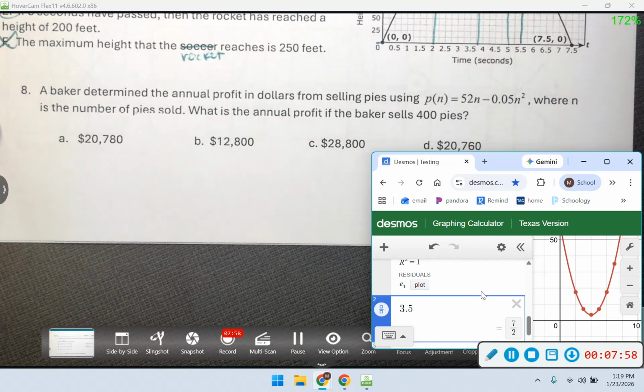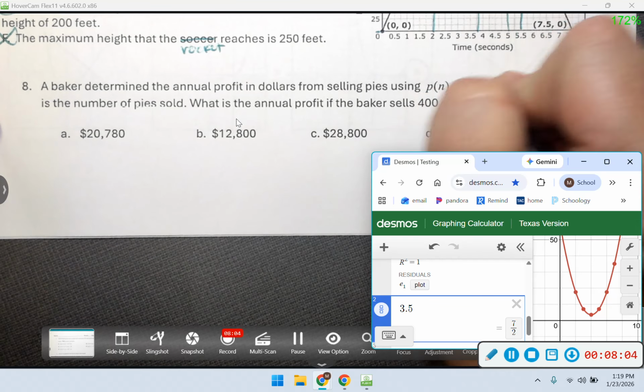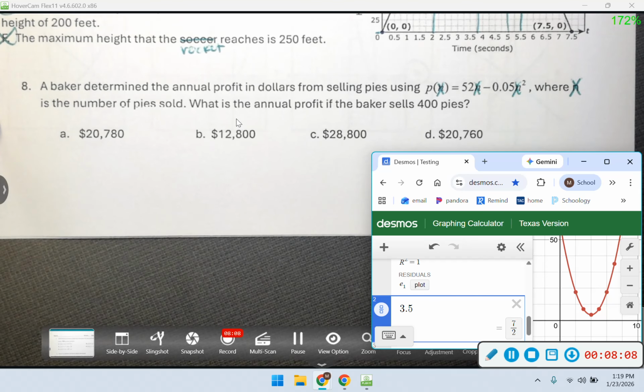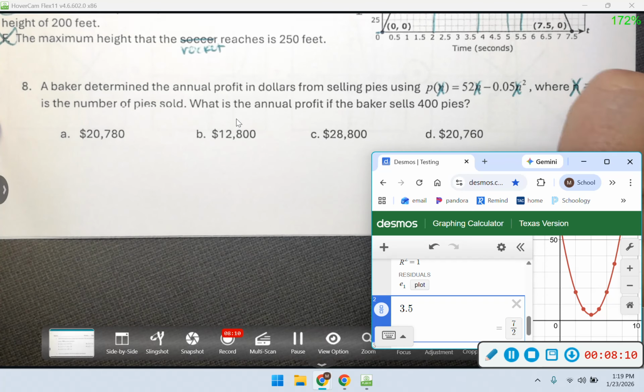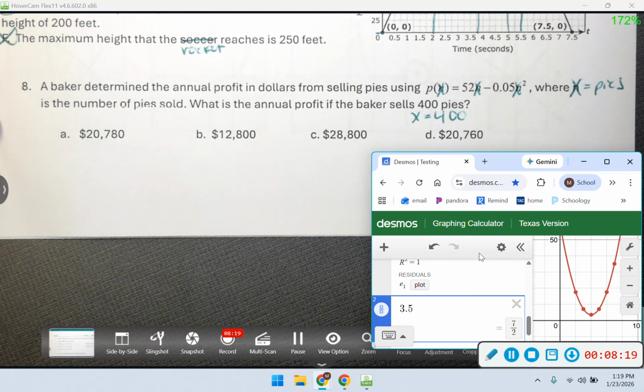Okay, this one says a baker determined the annual profit in dollars from selling pies using this equation, where n is the number of pies sold. I like to type it in my calculator with x's, so I'm going to replace all the n's with an x. Okay, and x equals pies. So it says, what is the annual profit if the baker sells 400 pies? Well, pies is x. So I'm going to type my equation.